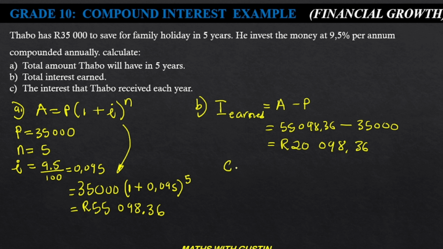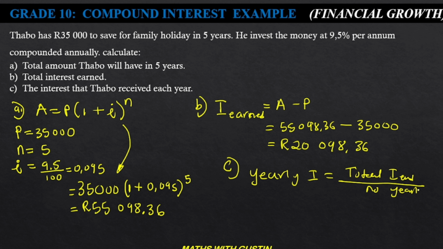So C would therefore be, what are they asking? The interest that Tabo received each year. The yearly interest will have to be the total interest earned over the number of years of that investment.